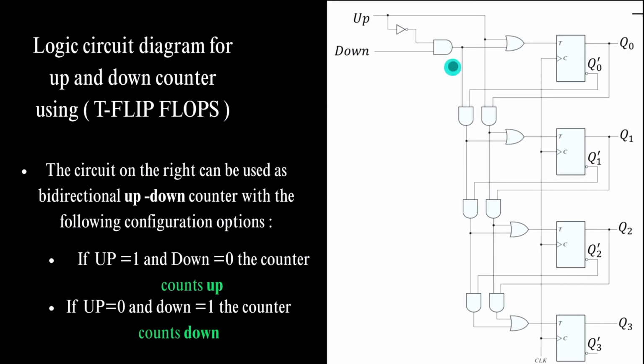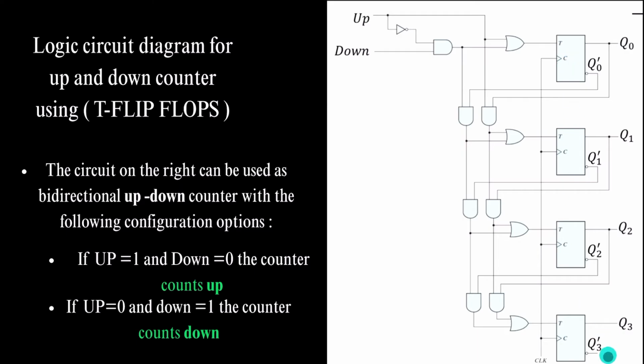This is the logic diagram for my project, and the circuit on the right can be used as a bidirectional up and down counter with the following configuration options. After analyzing the circuit, we've got two main points: if up is 1 and down is 0, the counter counts up, and in the opposite direction, if up is 0 and down is 1, the counter counts down, and so on.